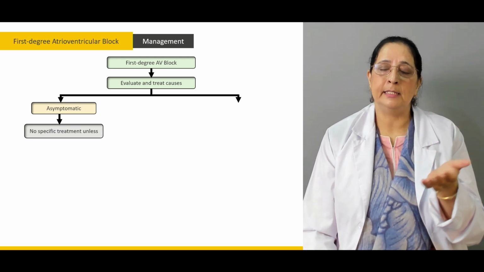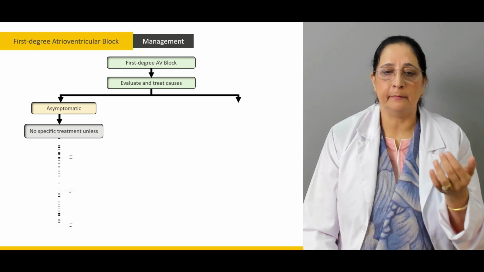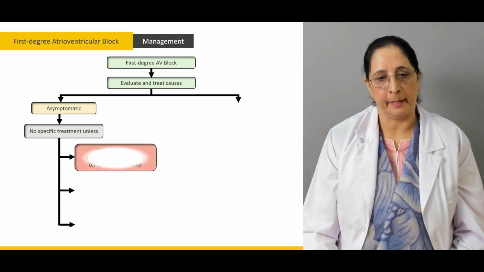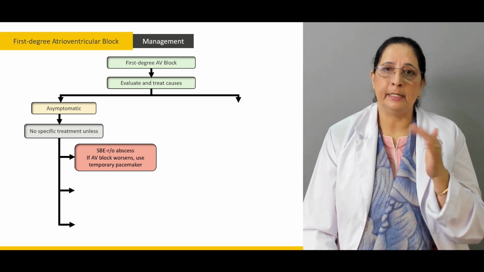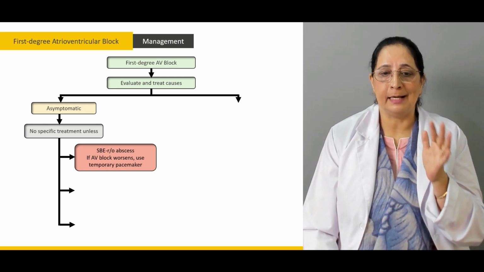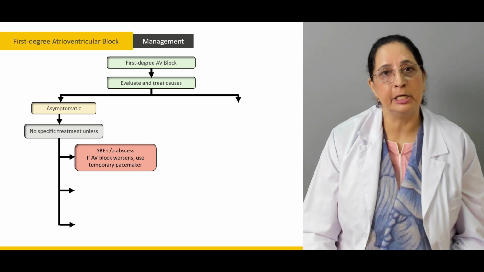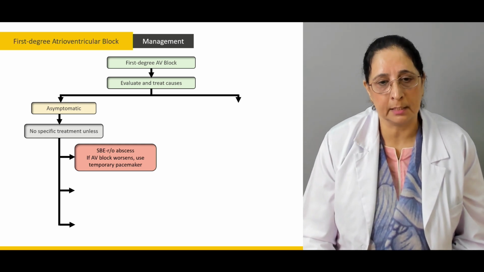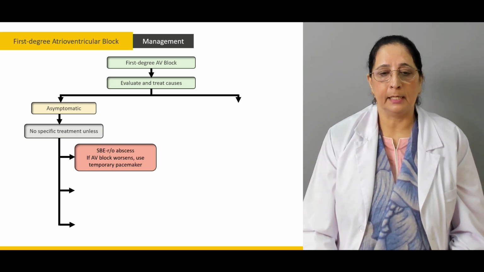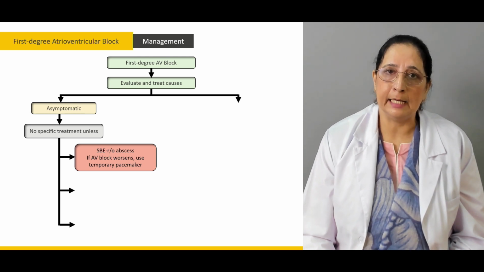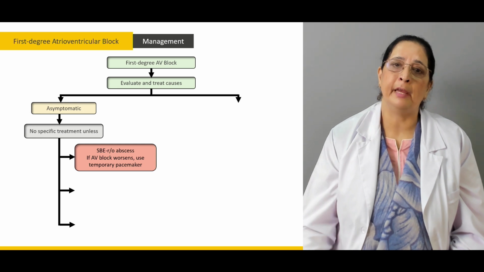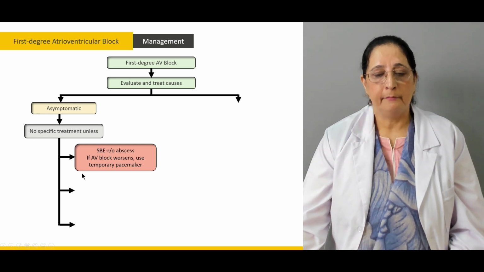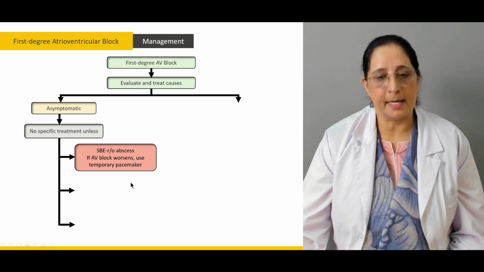Unless symptoms or problems develop, we don't need any treatment. So asymptomatic, no specific treatment unless we have some conditions which can cause this problem. If there is bacterial endocarditis, an abscess present, or if AV block worsens, we use the temporary pacemaker.